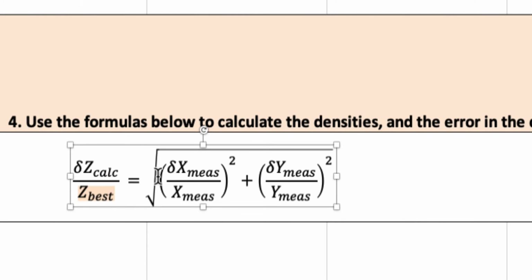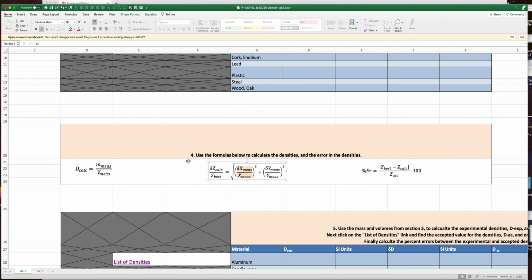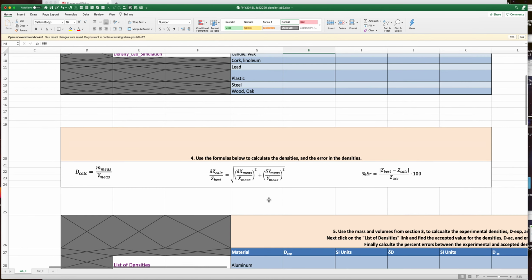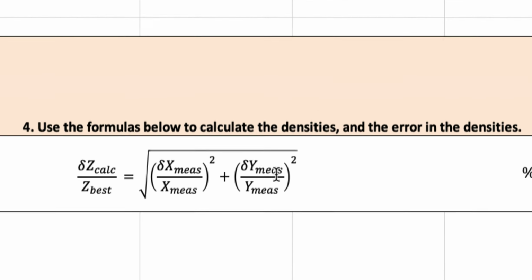So here, what you'll do is you can say this is going to correspond to mass. So this is going to be your error here in your corresponding masses. So you're going to do that for aluminum. And then the other part of the formula, the second thing you measured, was volume.